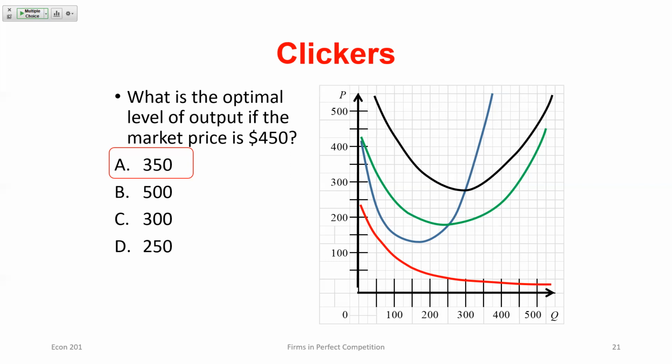We have many firms in a perfectly competitive market, and so the market reflects all firms. The market is what decides the price. We talked about supply and demand: the equilibrium price is going to be wherever market supply is equal to market demand. So for each individual firm, they have to take this price as given.